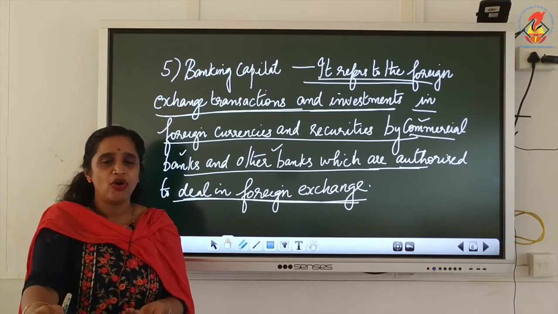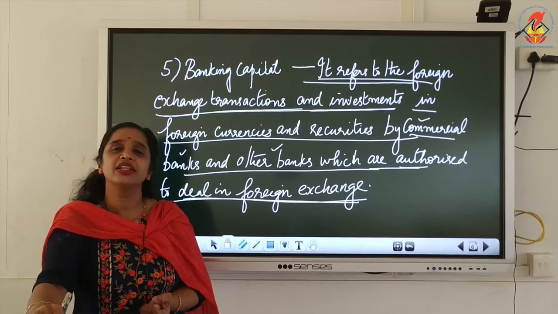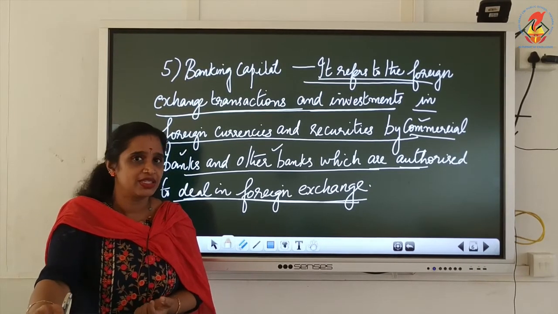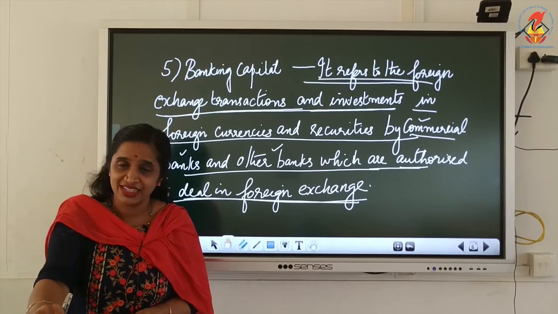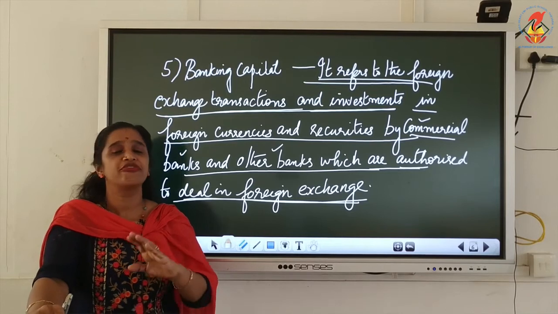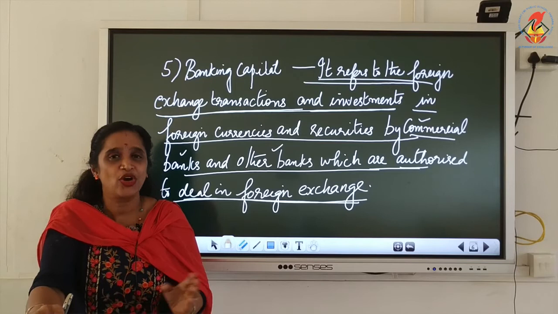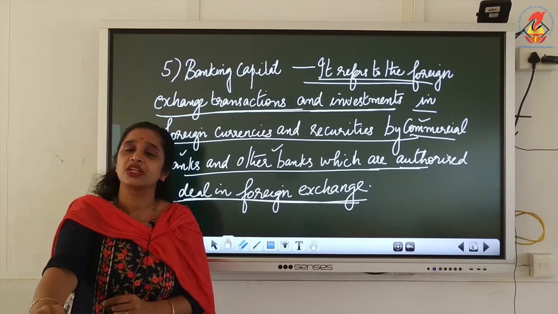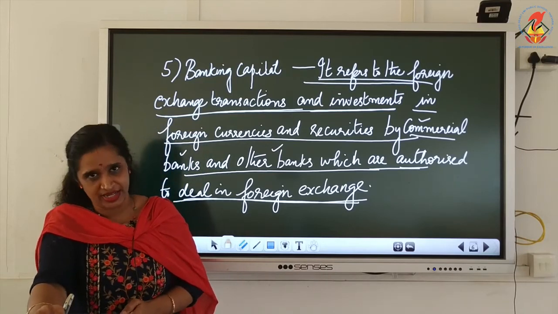RBI, you know, is involved in the purchase and selling of foreign exchange reserves in the foreign exchange market, because RBI is the monetary authority. Now, what is this foreign exchange market? It is a market system where foreign currencies are exchanged according to demand and supply forces. You will be learning in detail about all these things in the coming chapter on the foreign exchange market.